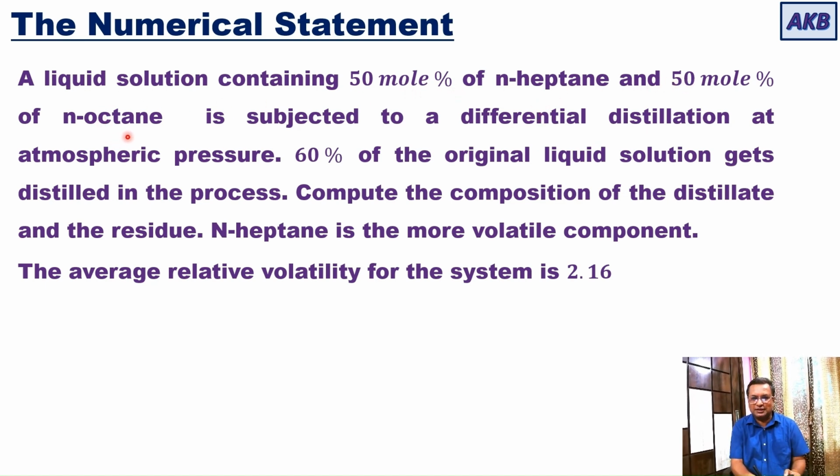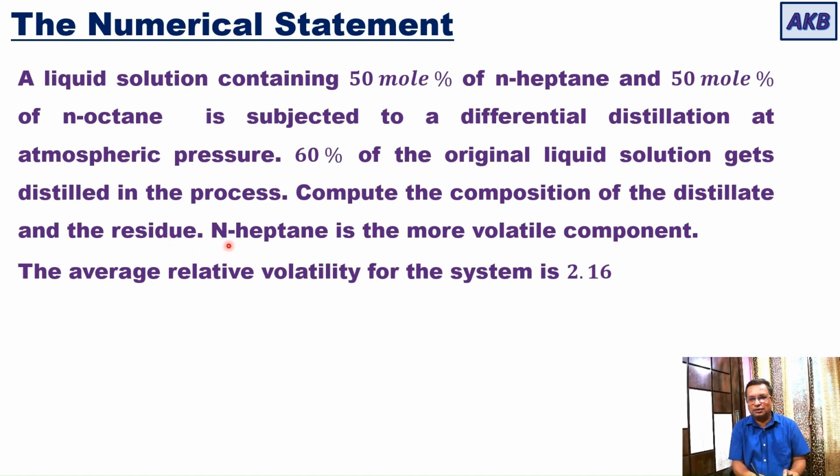So you have a liquid solution that is containing 50 mole percent of N-heptane and 50 mole percent of N-octane. This is subjected to a differential distillation. The other name of differential distillation is simple distillation, or the other name of simple distillation is differential distillation. It is subjected to a differential distillation at atmospheric pressure. 60% of the original liquid solution gets distilled in the process, and we are supposed to compute the composition of the distillate and the residue, that is XD and XW, and they are telling that N-heptane is the more volatile component.